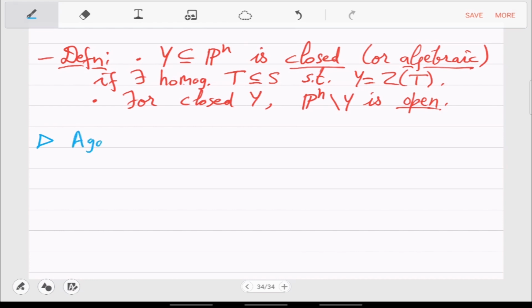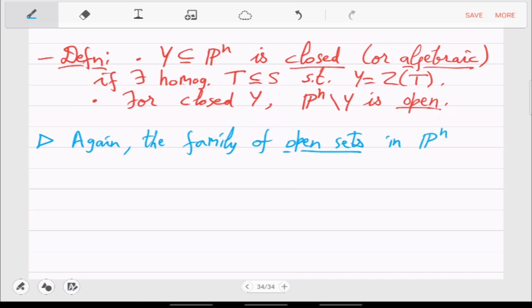So if you want, you can do it as homework. So the family of open sets in P to the n forms what we'll call the Zariski topology.